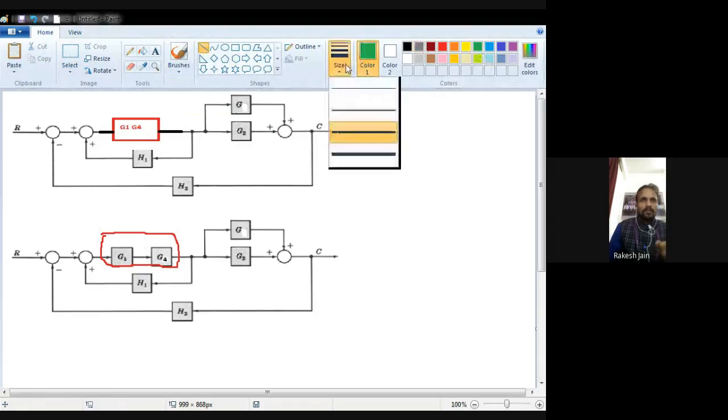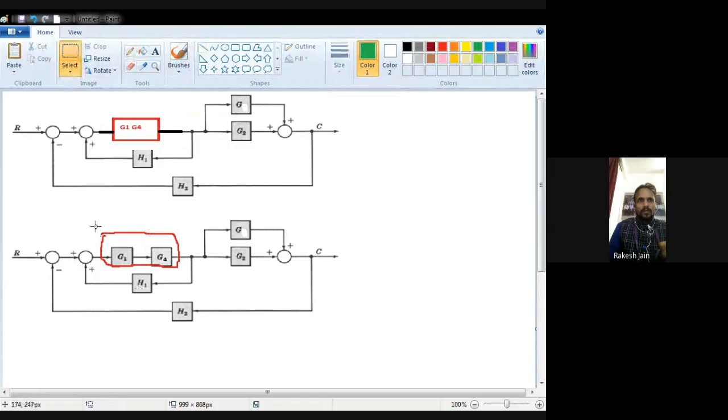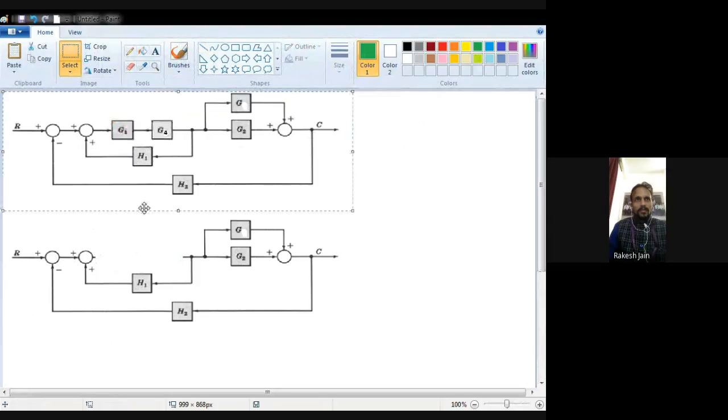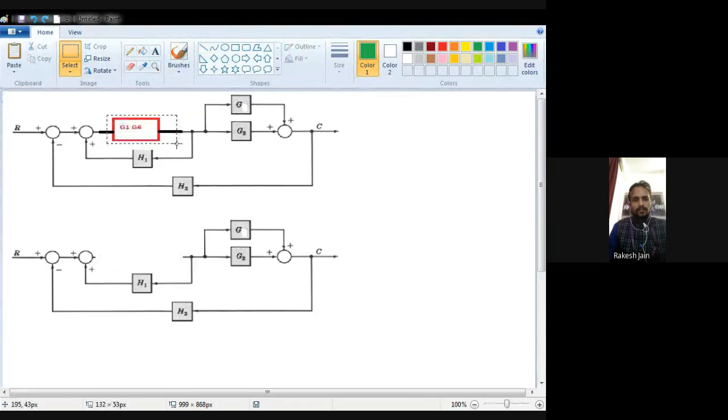Okay. Now see, with the green color I will show you what we are going to do. Because this block is already solved and converted into G1 G4, the second step is, don't focus on the color, see this one.